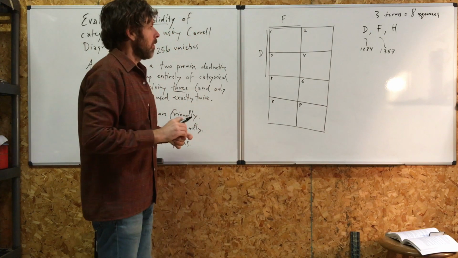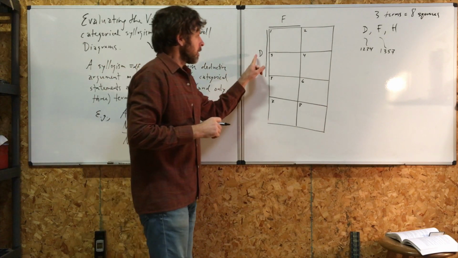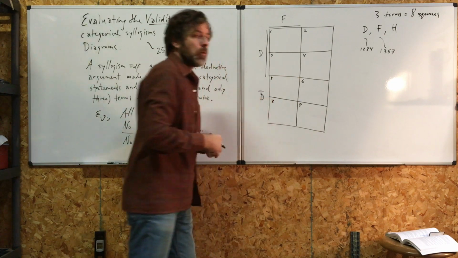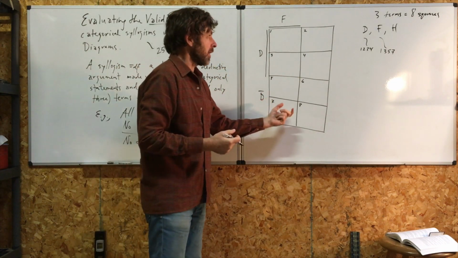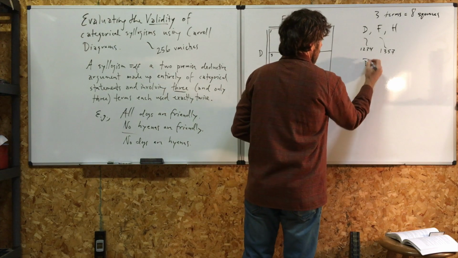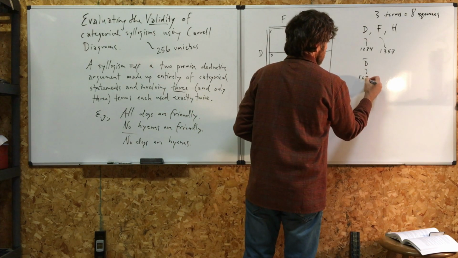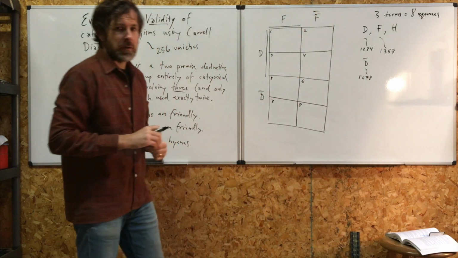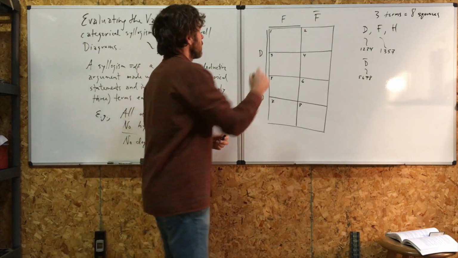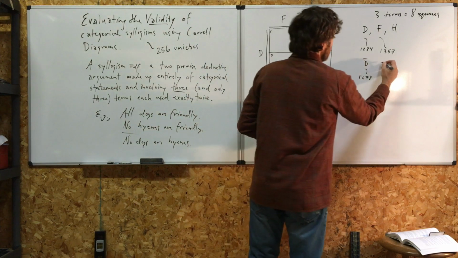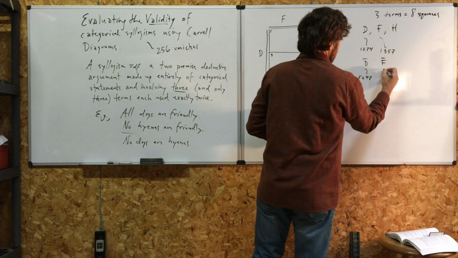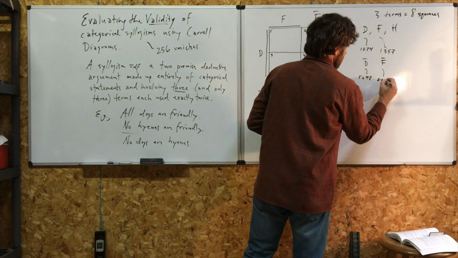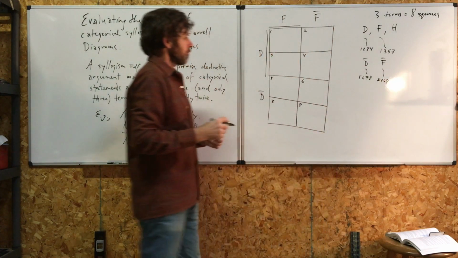Okay? Oh, I should make it clear. Dogs represented by 1, 2, 3, and 4. So non-dogs will be represented by 5, 6, 7, and 8. Put that here. Non-dogs, 5, 6, 7, 8. And so non-friendly animals, right? Not friendly animals, would be, let's see, non-F. That would be 2, 4, 6, and 8. Okay?